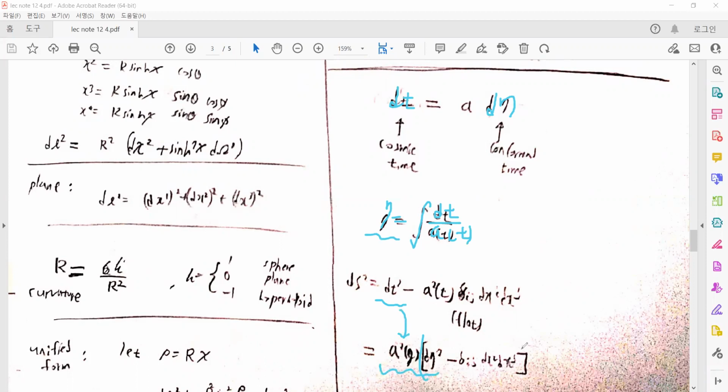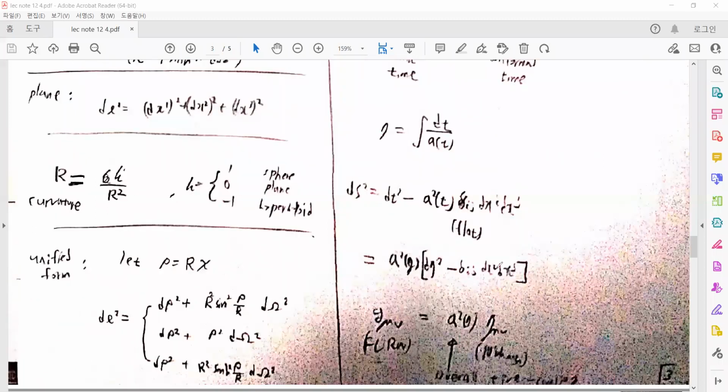So the scale factor a and the spatial components are inserted, and this just makes part of the metric a scaling factor as a function of conformal time, multiplied by the Minkowski metric. The conformal time is very useful for understanding light cones, just multiplying the scaling factor to the Minkowski metric.